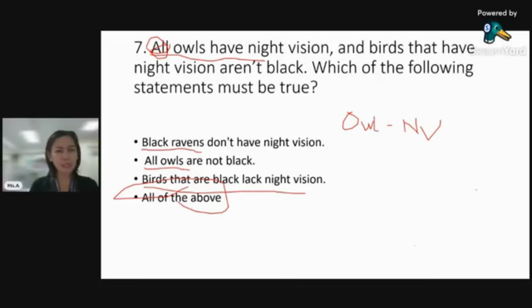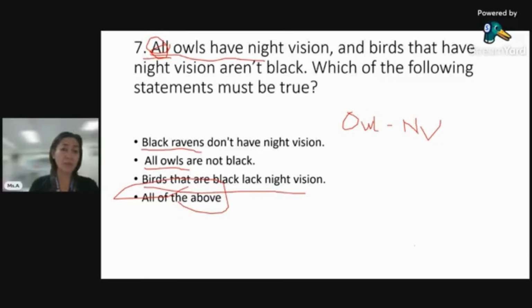Diagram or pattern for this one. A simple, hindi kasi natin siya pwedeng, paano ba? Kung ida-diagram natin siya, it won't be as complicated as that eh. All you have to do is to look for keywords here that are given. Yan, yung all owls have night vision.